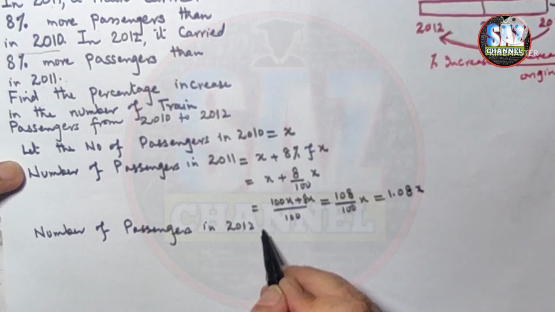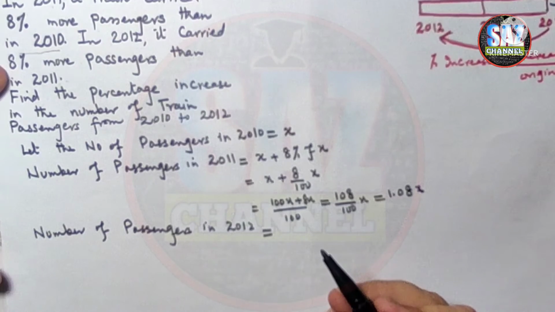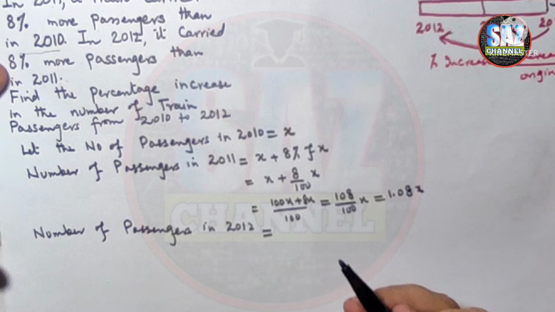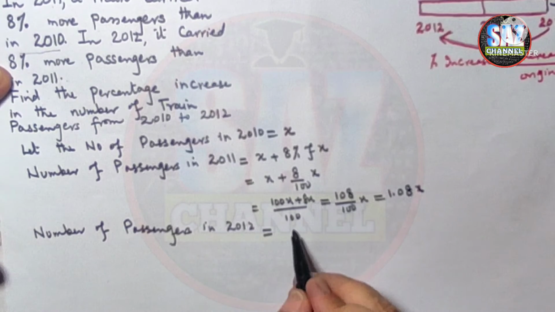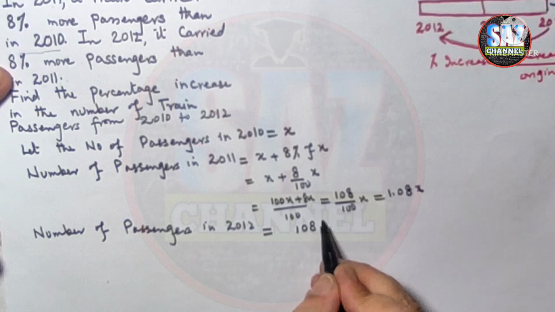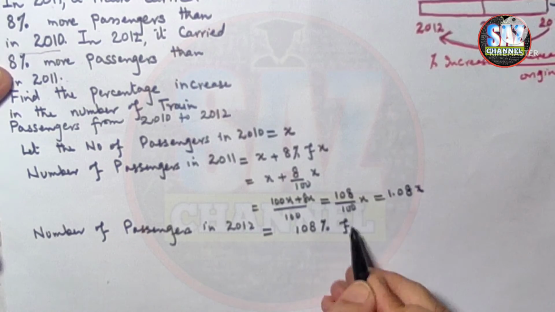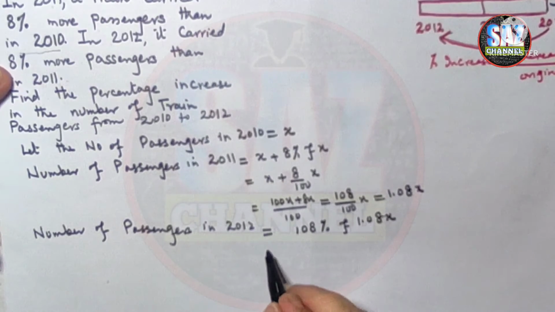Now try to understand the question: there is an increase of 8% in passengers in 2012 than in 2011. So we can find 108% of 1.08x.